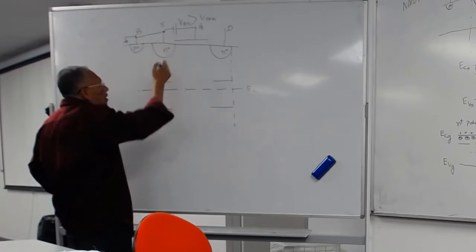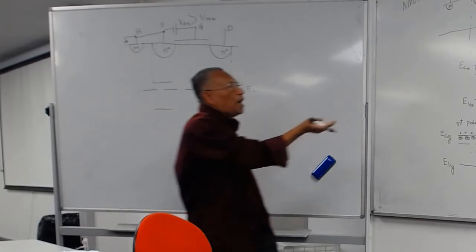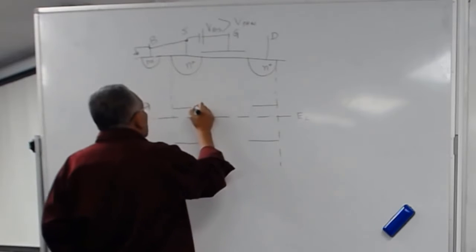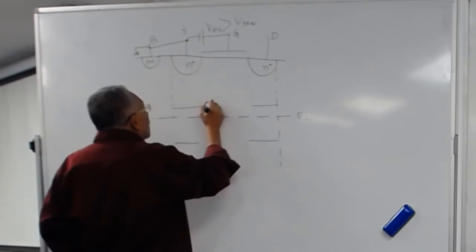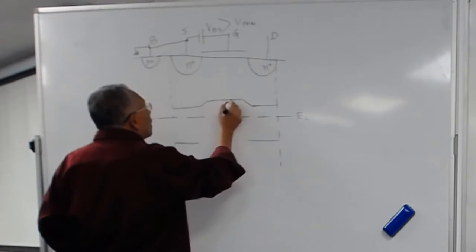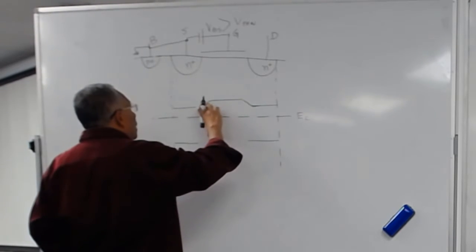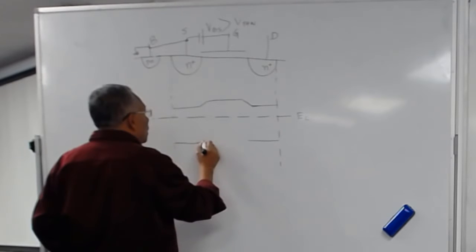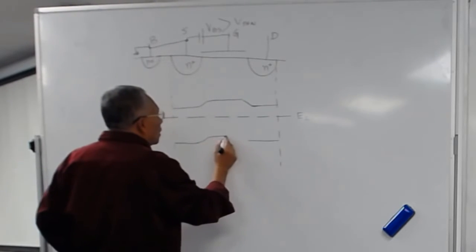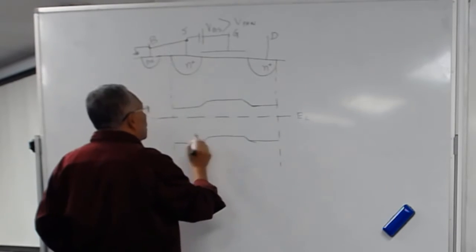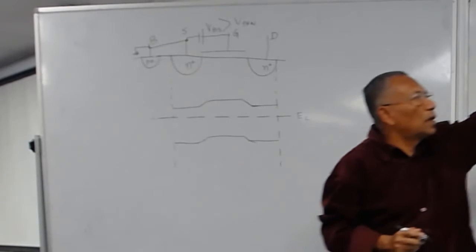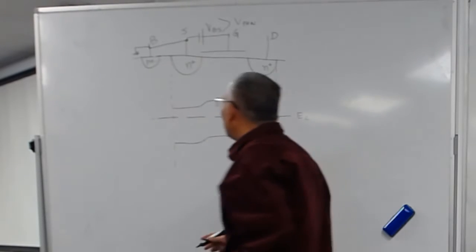Here what will happen is that now, before it was very high, this will come down. This has been lowered now because of the field effect.